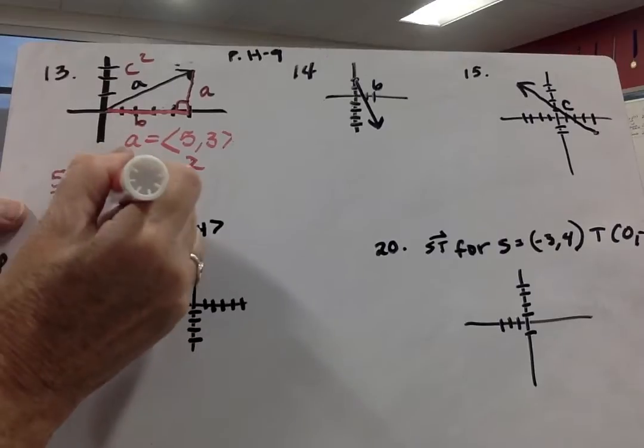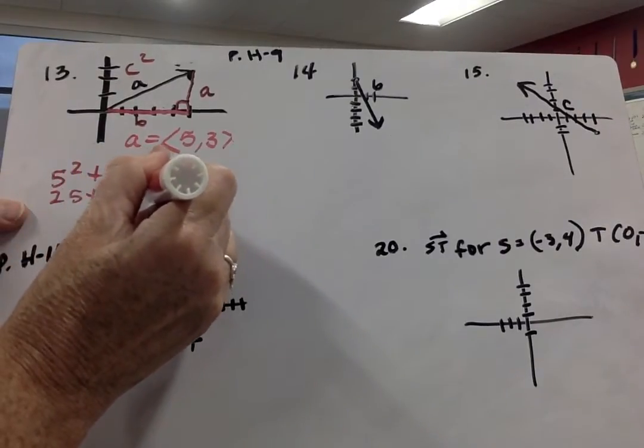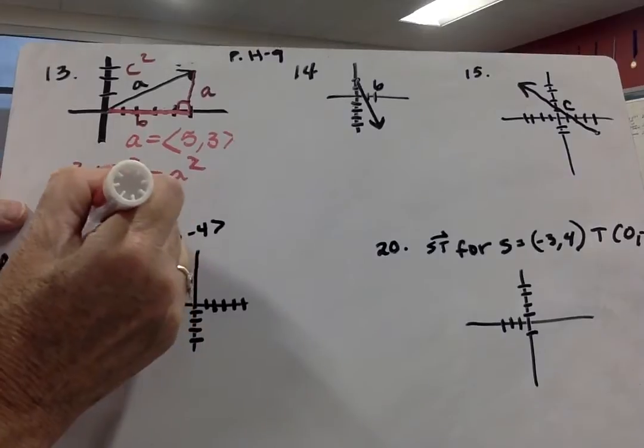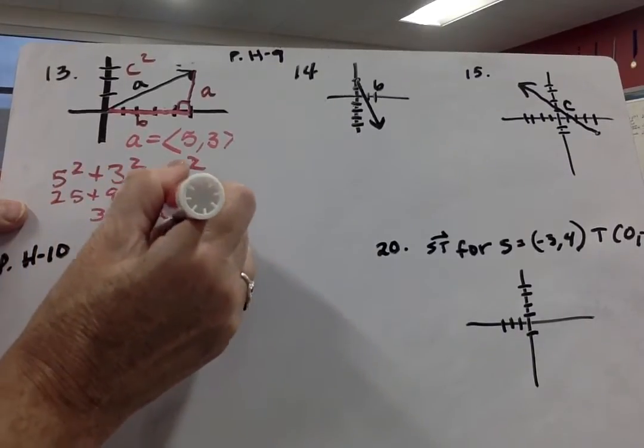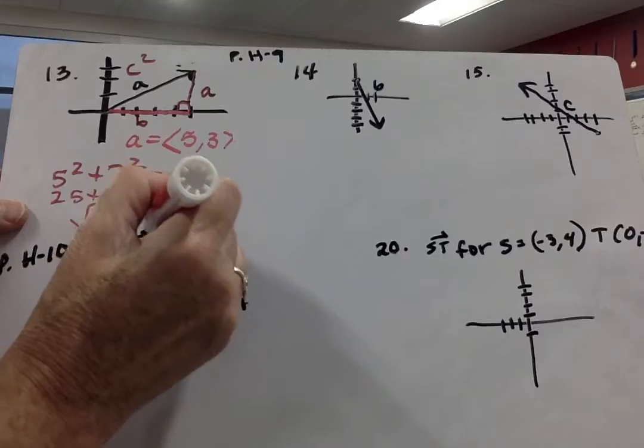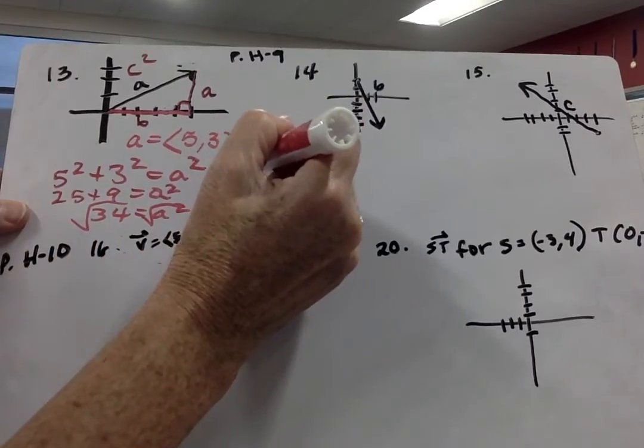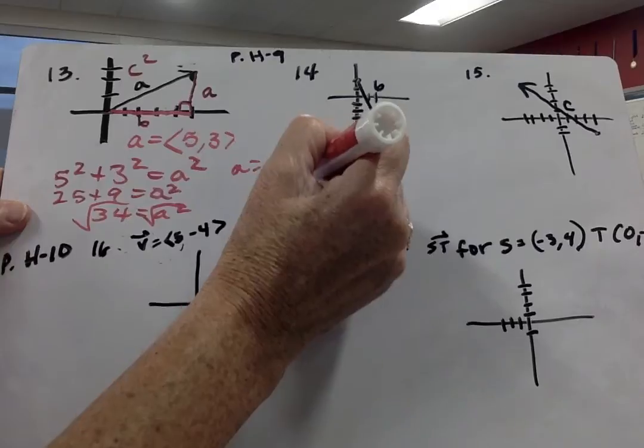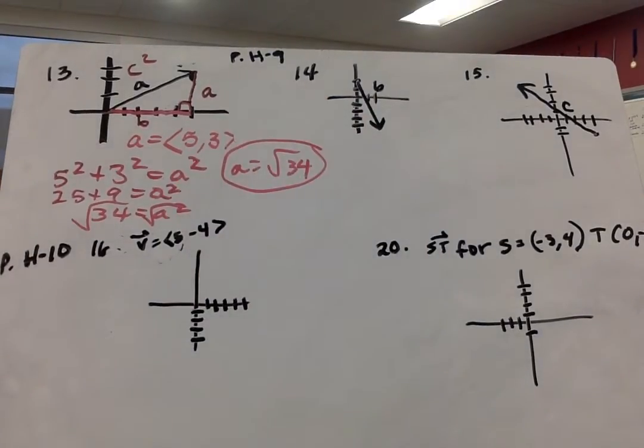25 plus 9 is 34. It's A squared. 34 equals A squared. Take the square root, and A equals the square root of 34. Now, if we have our handy-dandy calculator, and we say 34 square root, equals 5.83, round to the nearest tenth.